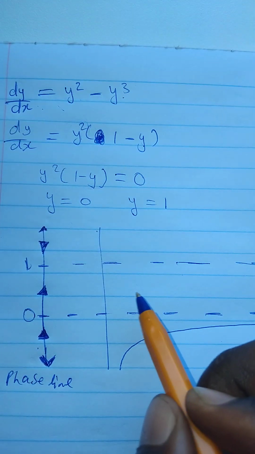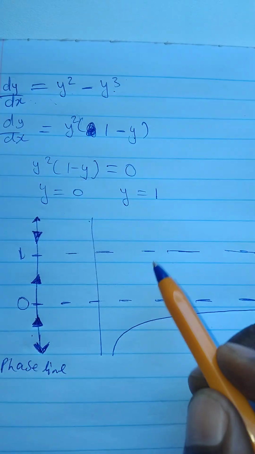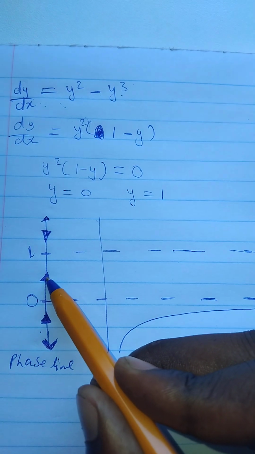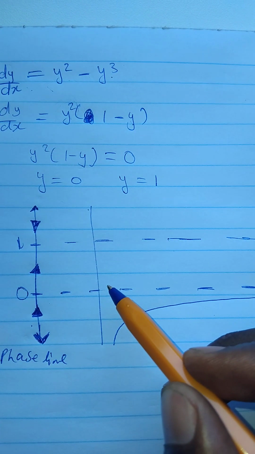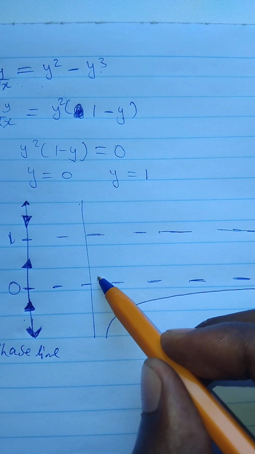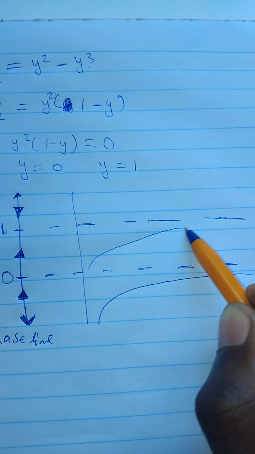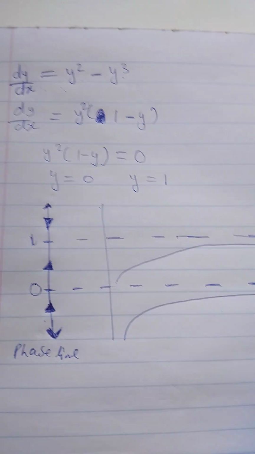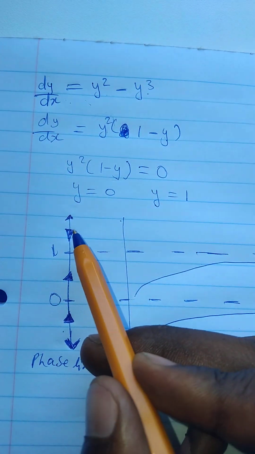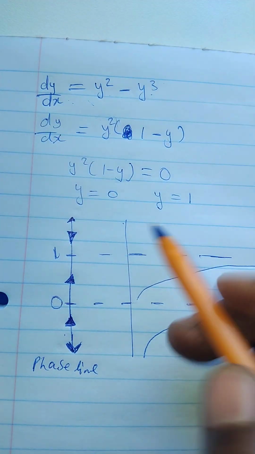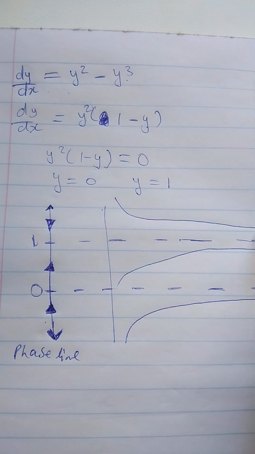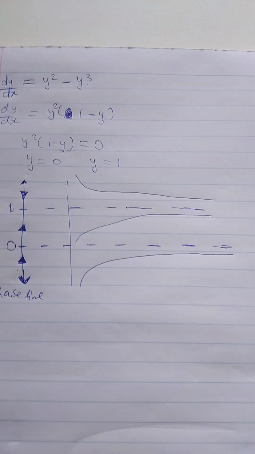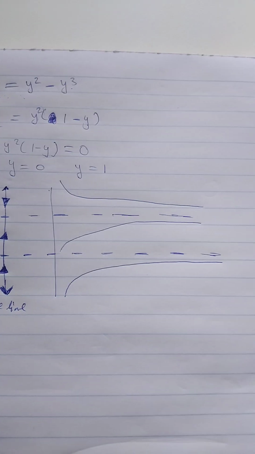And similarly, for this case, our arrow is facing up. That means we want an increasing function. We can then again have a solution curve like this. Okay, so now for anything greater than 1, we're going to have a negative gradient since our arrow is facing downwards. So we're going to have something like this. So this is our solution curve.